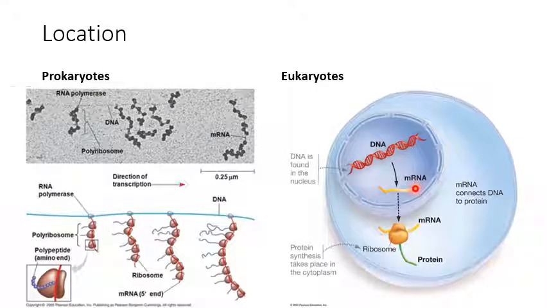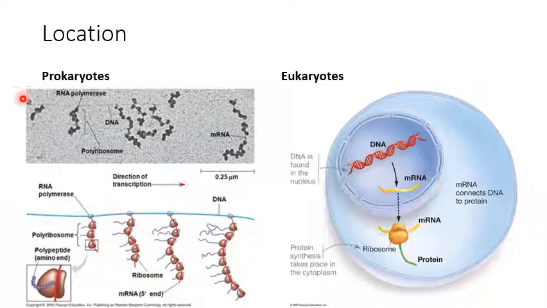The mRNA has to be processed, then exported out of the nucleus to the cytoplasm, and there it'll find a ribosome and you'll translate it into a protein. In prokaryotes, since there is no nucleus, you can have transcription and translation happening in the same place in the cell, and that means it can actually happen at the same time.